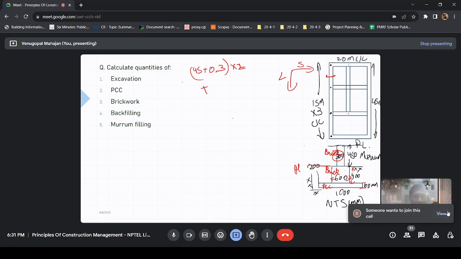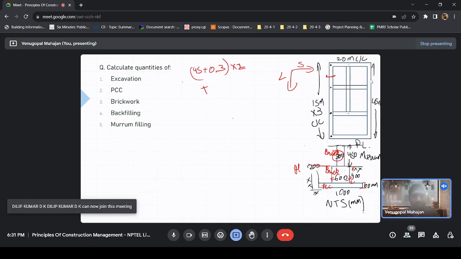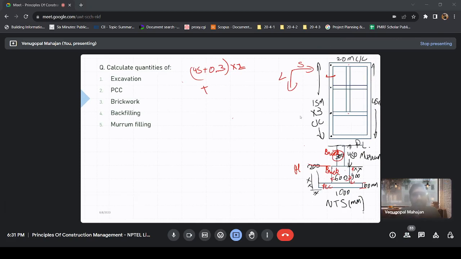Which one is 30? I'm not clear, sir. Okay, the one in the middle. So 30, since we have already taken the 0.3 value, so I think 30 must be the length. Okay, let us come to this wall later. Let's see some short walls before. How many short walls have you got? 1, 2, 3, 4, right?